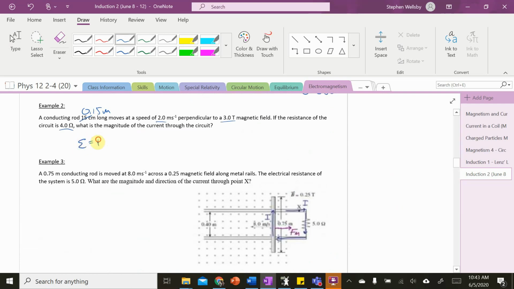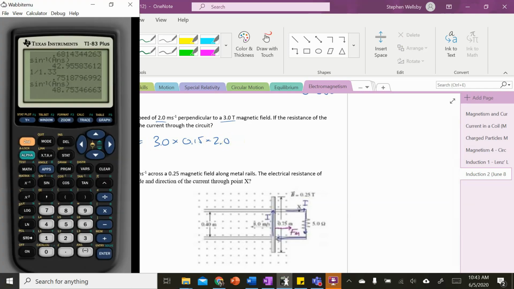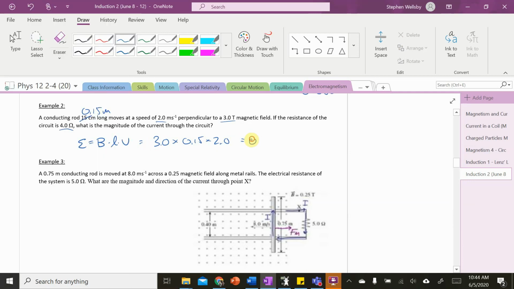First one is finding out what the potential difference is going to be. And this is going to be 3 times 0.15 times 2.0. So 6 times 0.15, that's going to be 0.9. 0.90 volts. That's our EMF.